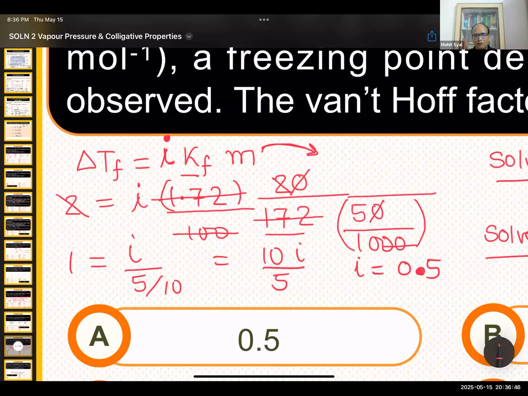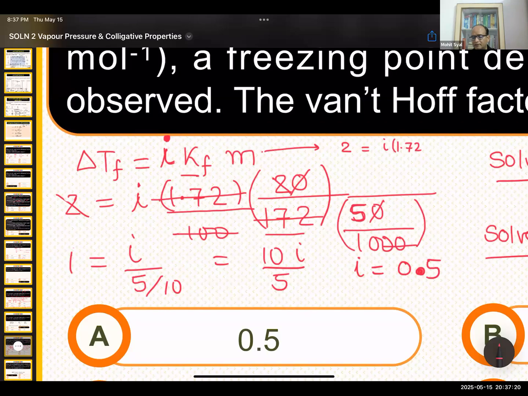So molality I found out by taking the moles of the naphthoic acid divided by mass of benzene in kilograms. I cancelled a lot of things here itself. Without this cancellation, we are going to get it in this form.